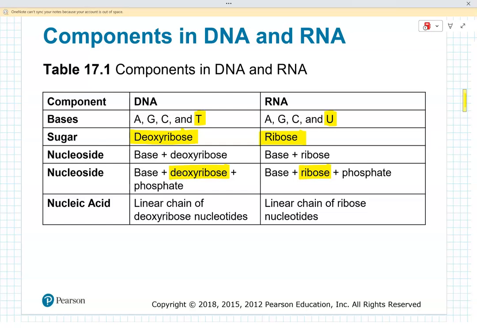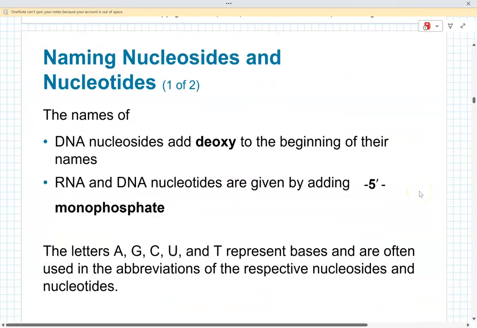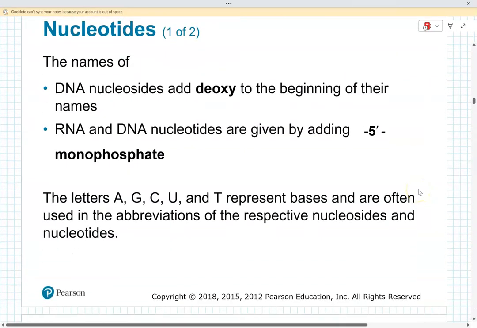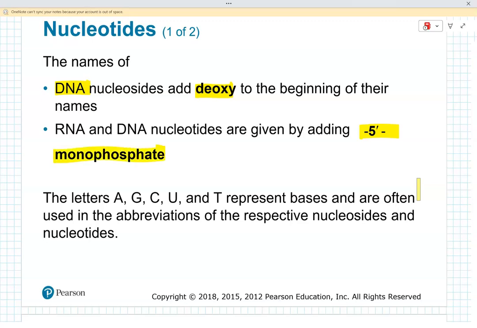But other than that, structurally, they are very, very similar. Questions so far? Okay, we talked about it. So when you name a nucleotide, if it's a DNA nucleotide, you add deoxy and always 5' monophosphate. Okay? Good?